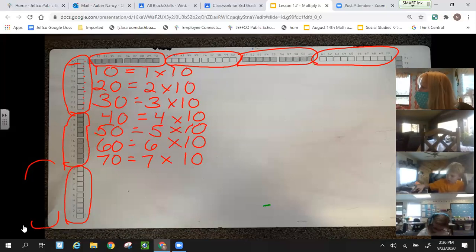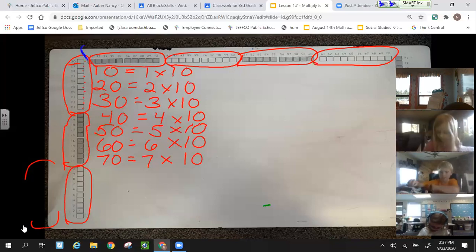I want you to use that good vocabulary, products and factors. Here are your products. And here are your factors. The two numbers you are multiplying are your factors. The answers are your products.